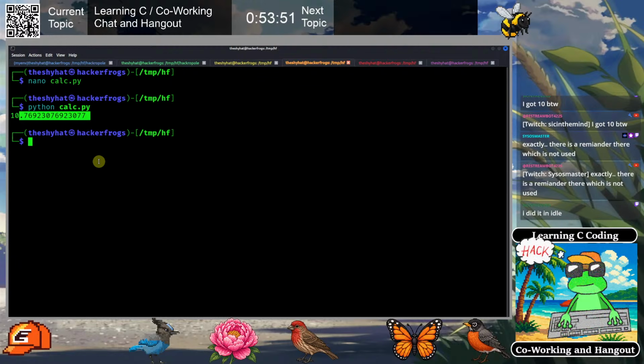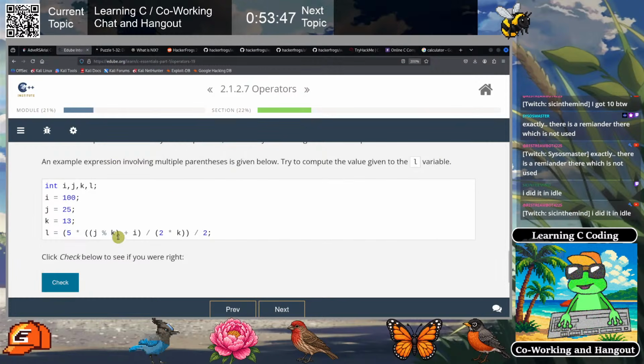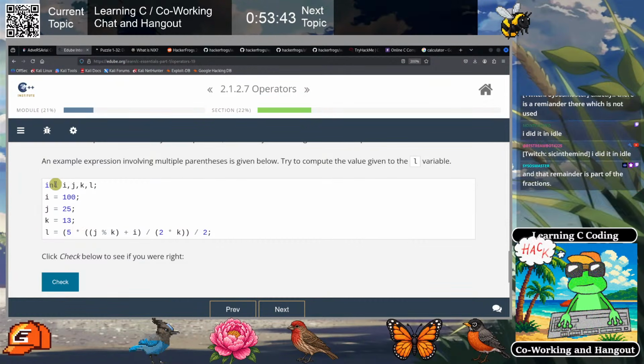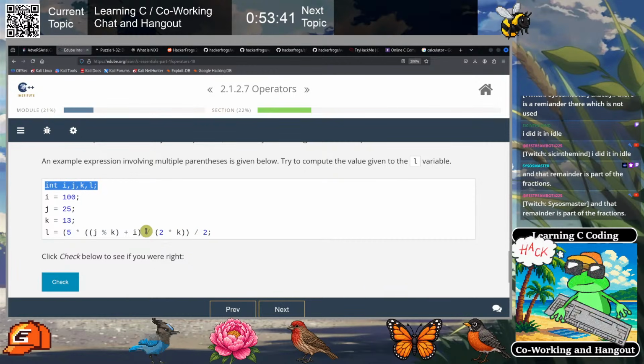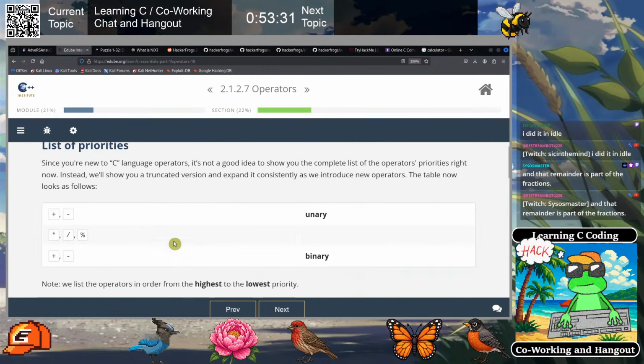There's a remainder there which is not used. I did it in IDLE. Okay, okay. So it says 10, and I guess because everything is an integer, the division is also integer division, which drops everything. Okay, and I guess we'll move on.